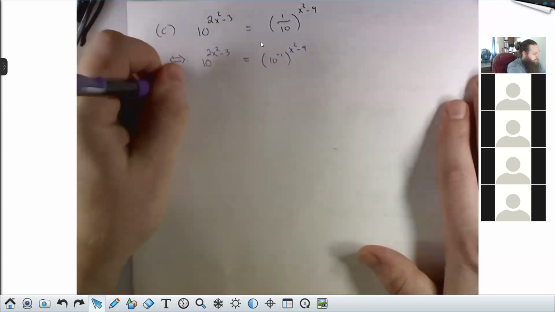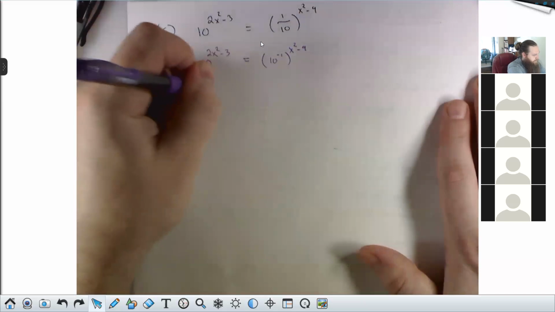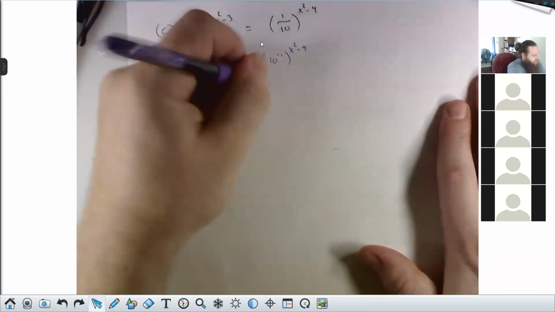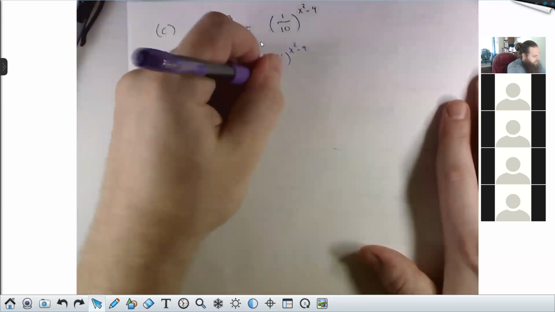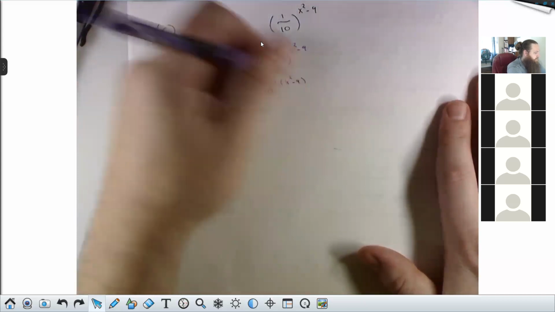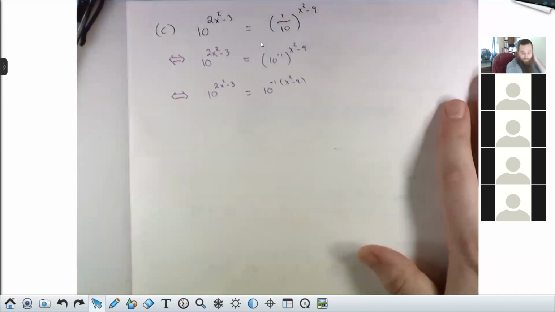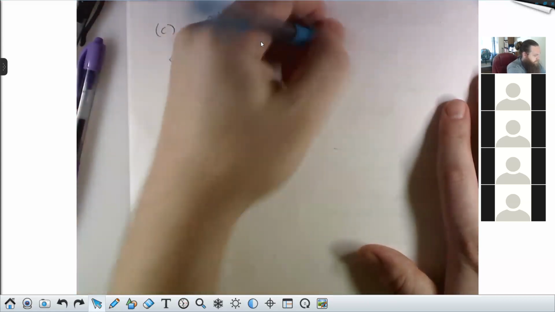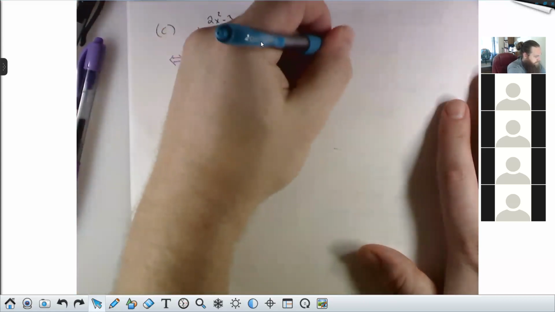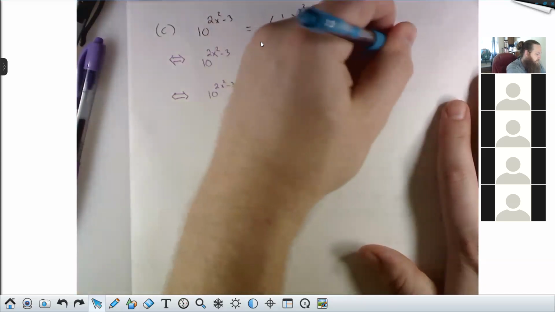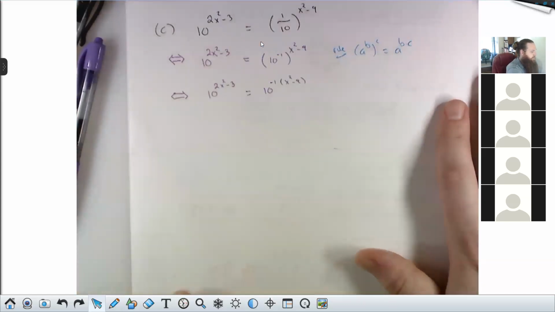So that right-hand side is really the same as 10 raised to the negative 1 times x squared minus 9. Another rule for exponents we've used here several times: a to the b all to the c is the same as a to the b times c.